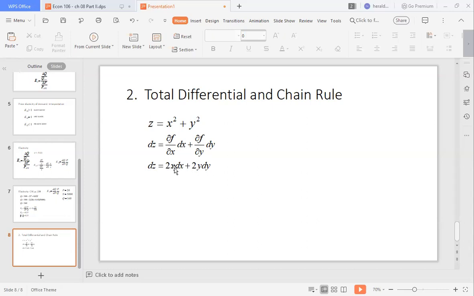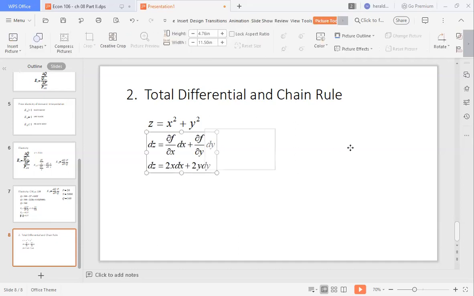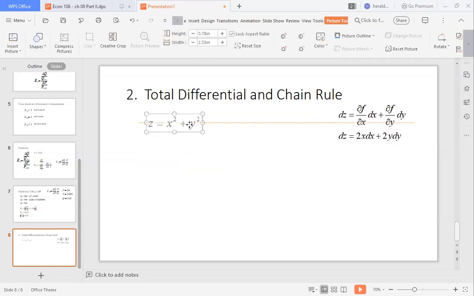Now, again, in this case, class, it's not really that complicated because we can just go ahead and write the total differential dz in terms of dx and dy. But the complication starts to come in when x itself and y, so let me just write on the side here.